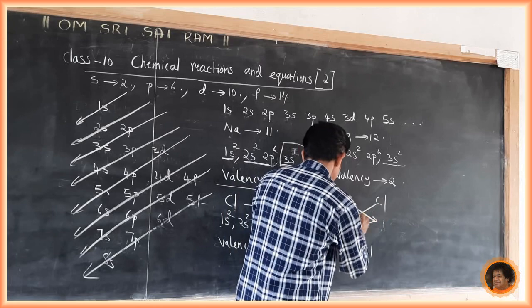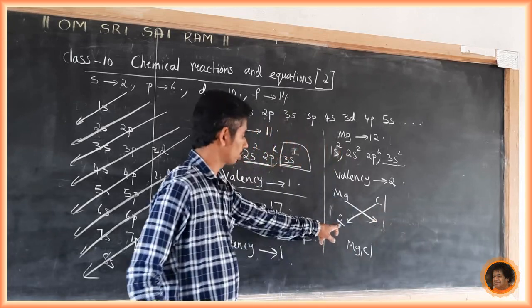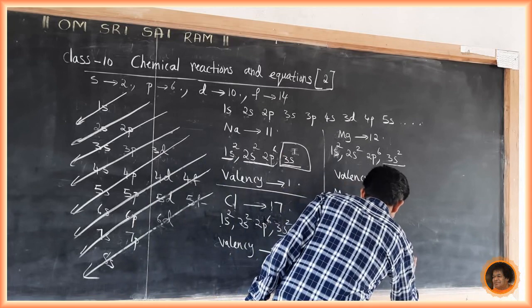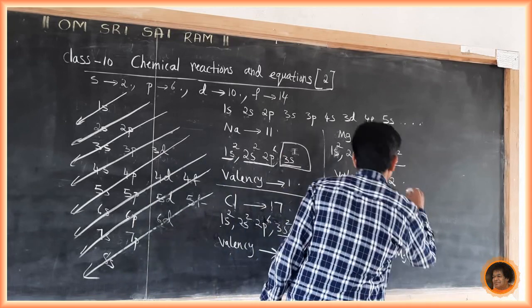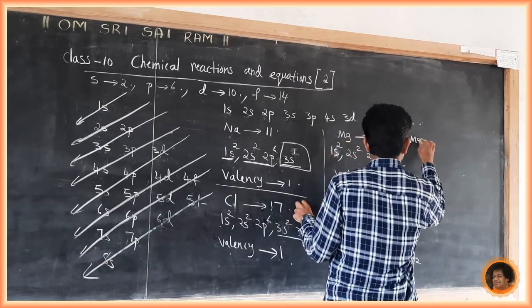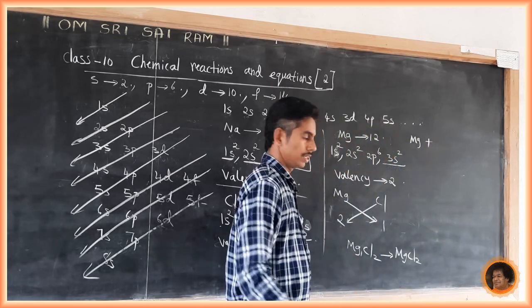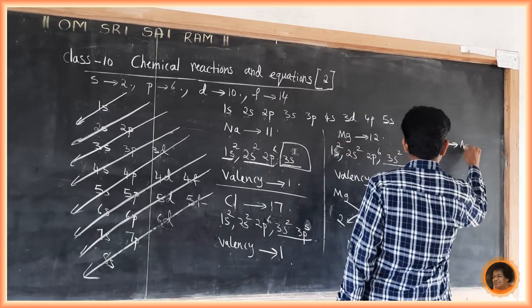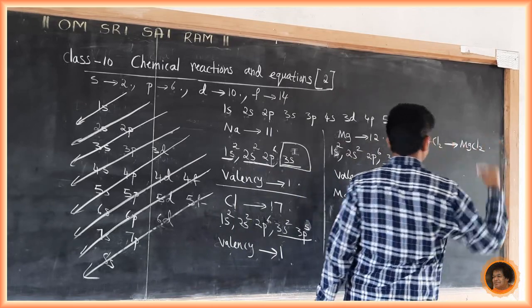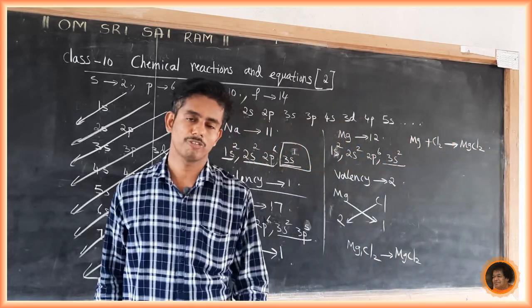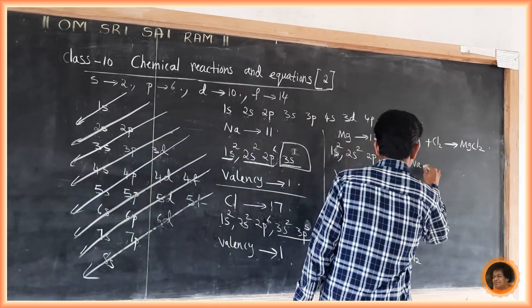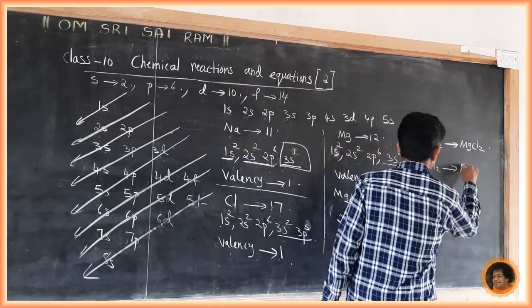So, Cl gets the valency of magnesium, that is Cl2. So, we can write like this, MgCl2. Magnesium reacts with chlorine, it gives MgCl2. So, what is the molecular formula of magnesium chloride? MgCl2. Another, sodium reacts with chlorine, it gives NaCl.